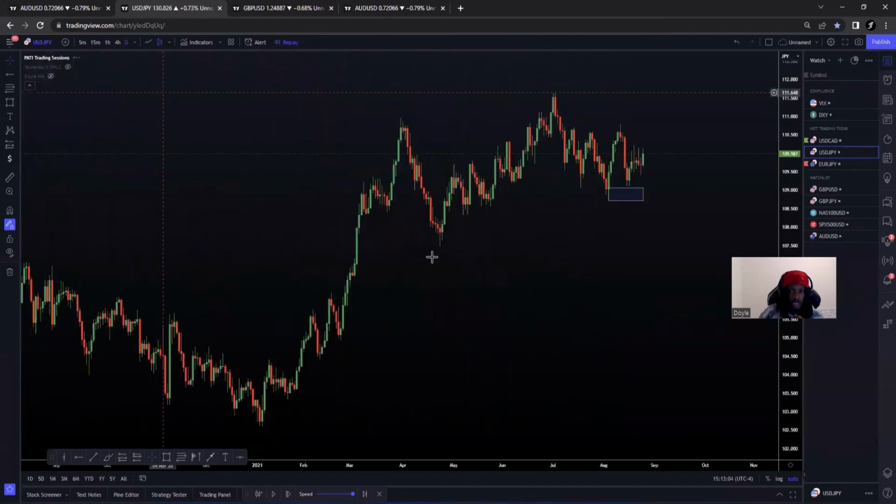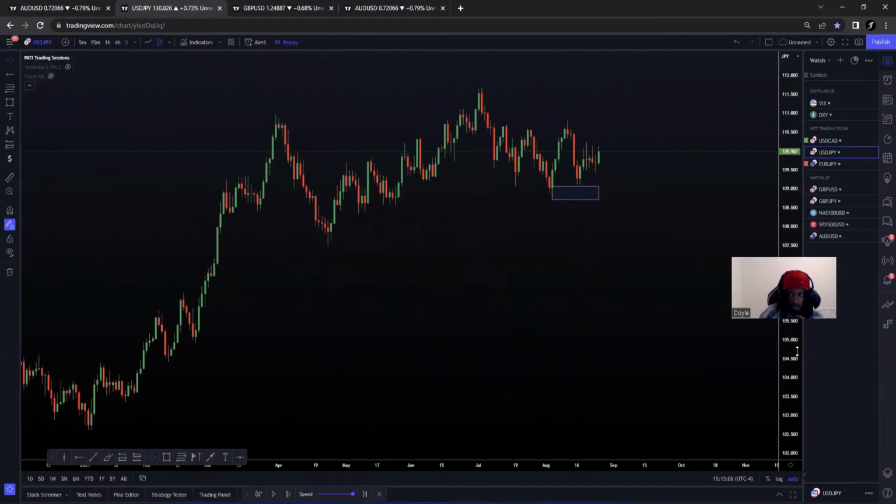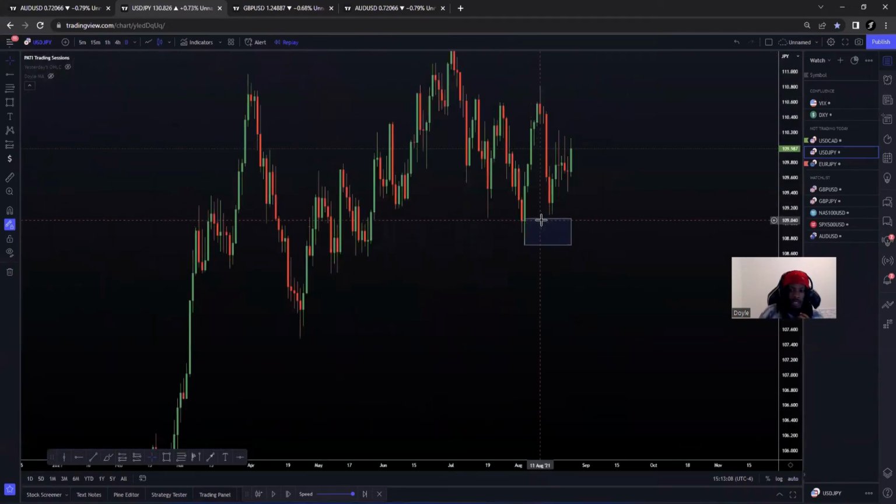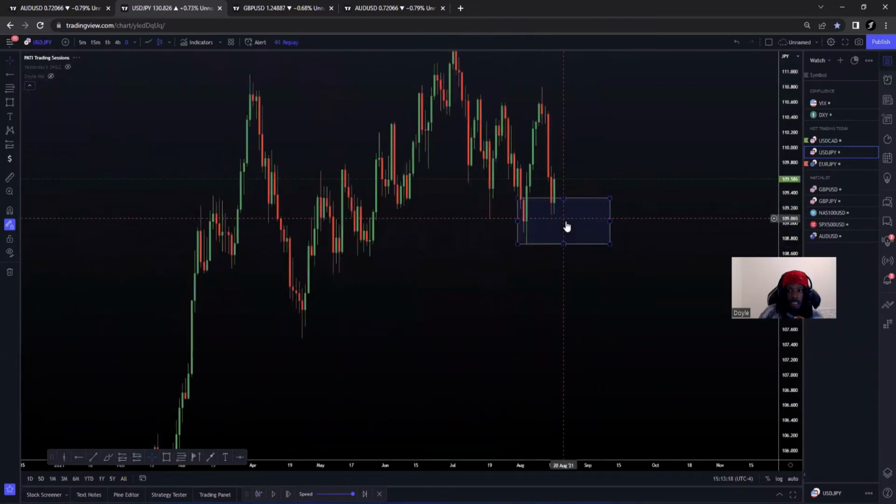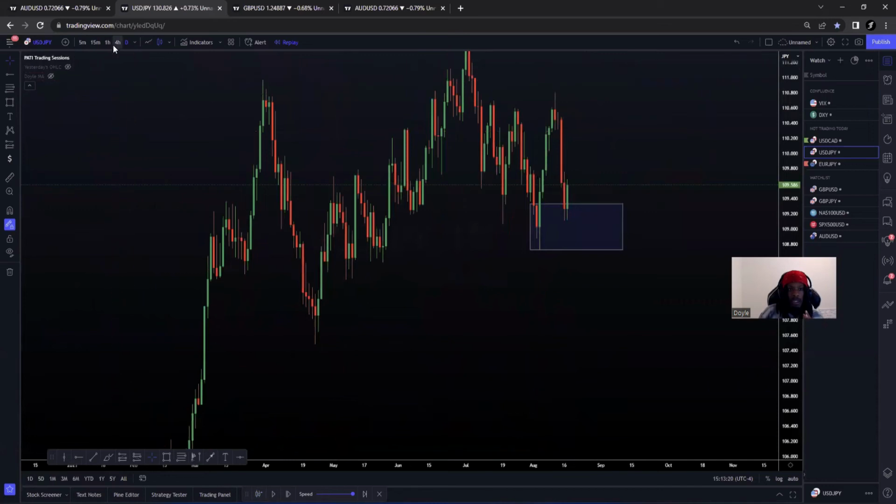This daily demand right here, let's go back, because if you keep making the zone smaller, eventually it's not going to tap into it.